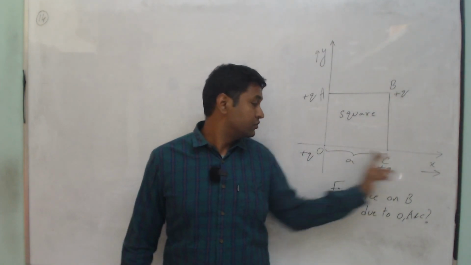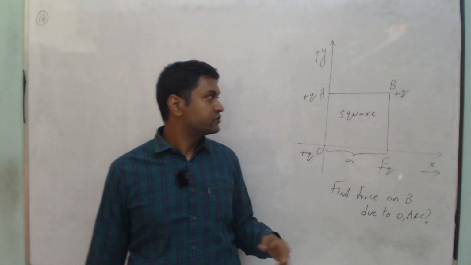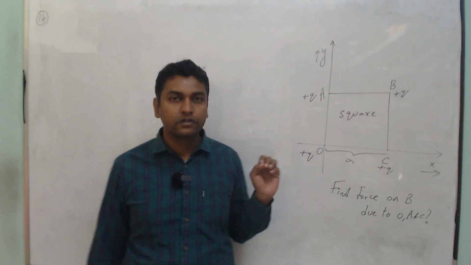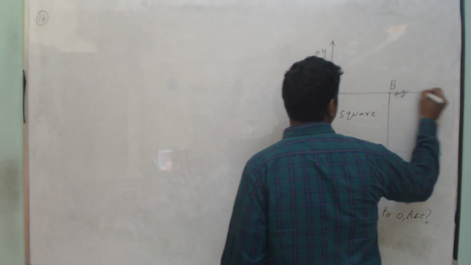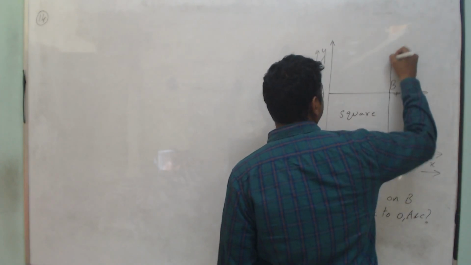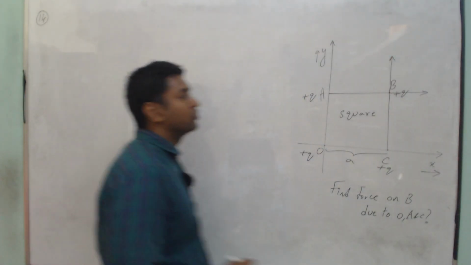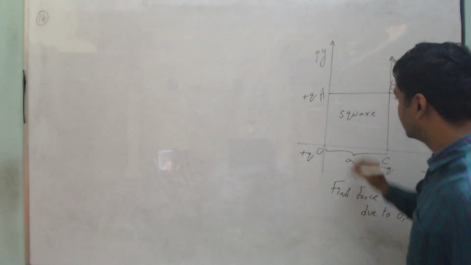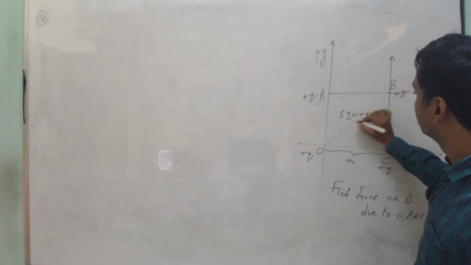Force on B due to O, C and A. All charges are plus Q. So first I will draw the lines. Due to A it will be along i cap. Due to C it will be along j cap. Yes, sir. And due to O it will be along the line joining the diagonal. And the resultant of both.